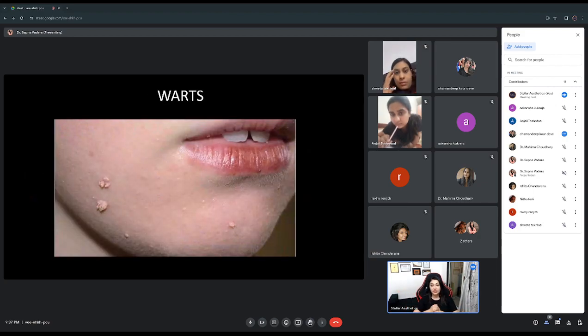Now this is different. What is this? This is different from a tag. Anyone? What is this? It looks like this on the skin surface.